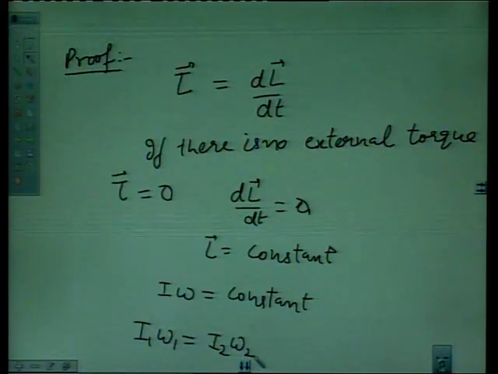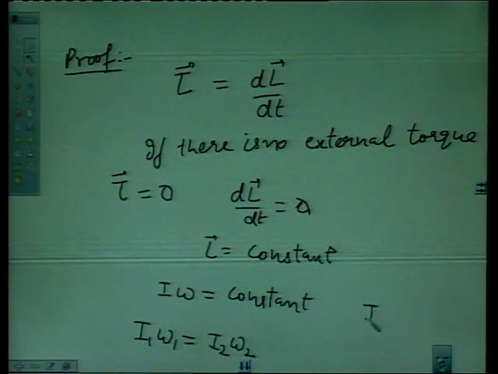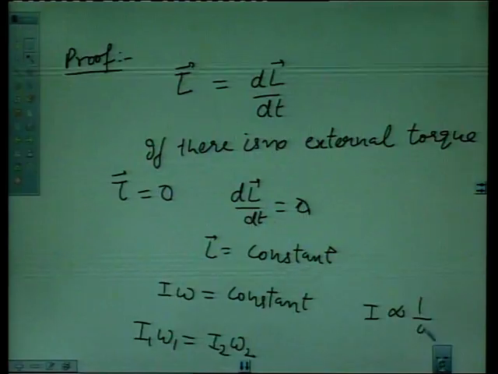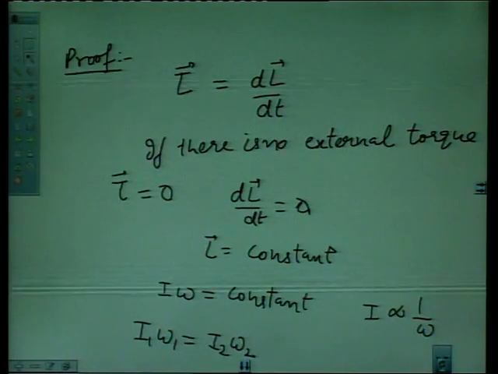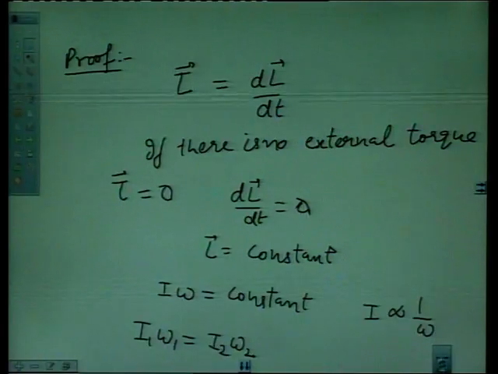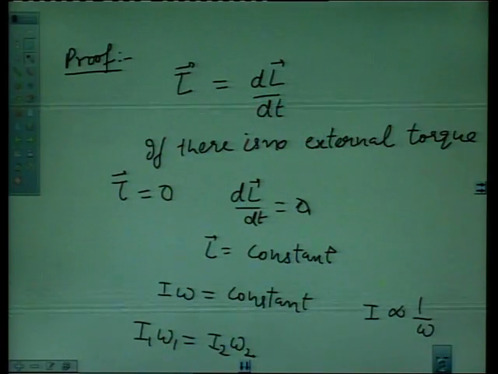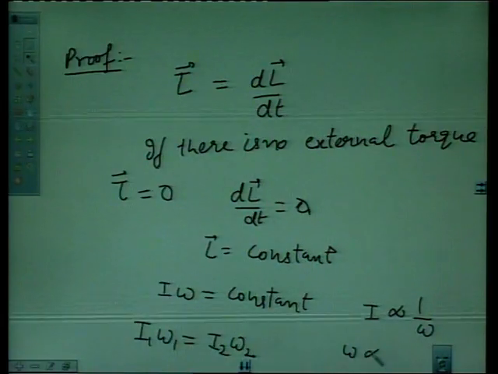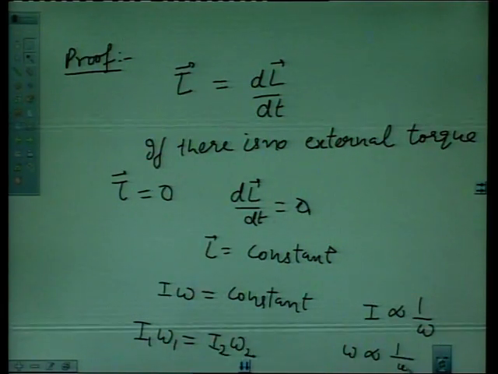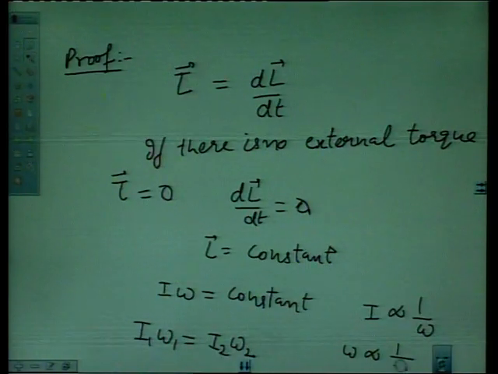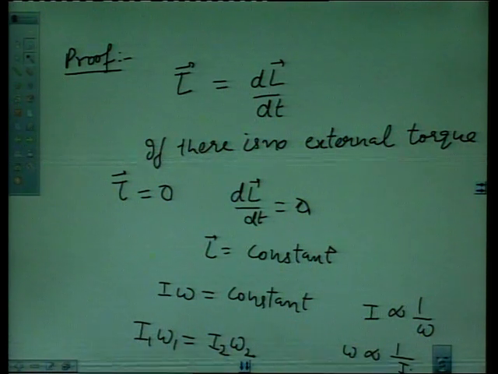So, if we change the moment of inertia of the body from I1 to I2, then its angular velocity will change from omega 1 to omega 2. We can also say that I is inversely proportional to angular velocity omega. If angular velocity is more, then moment of inertia will be less and vice versa, or omega is also inversely proportional to moment of inertia I. So, this is a proof of the law of conservation of angular momentum.